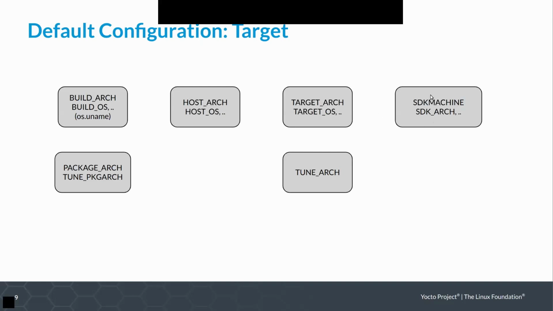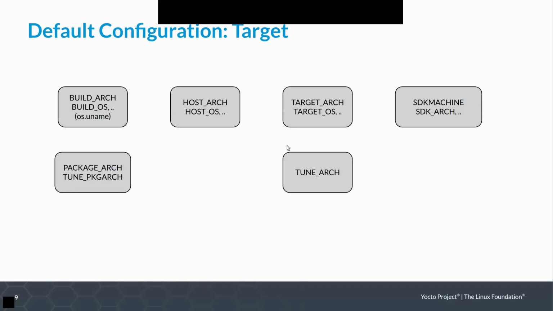We will talk a lot about the SDK machine, which is the architecture of the part that will run the SDK that you can populate with BitBake. And you have the package architecture, and you have the tune architecture, which is basically your CPU architecture. In most cases, your target architecture is tune.